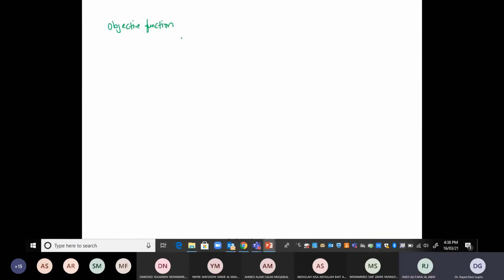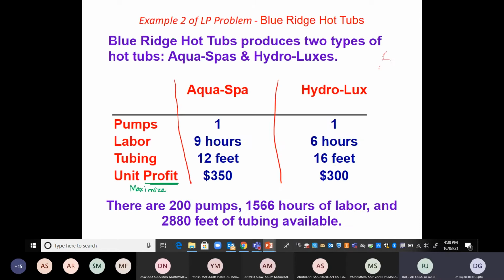Sister, how do we know it is maximized? We are talking about the profit. If we are talking about the profit for each, it means if this company sells one Aquaspa, the company is going to get a profit of $350, whereas for a Hydrolux it is $300. So when we talk about profit, we talk about maximization.